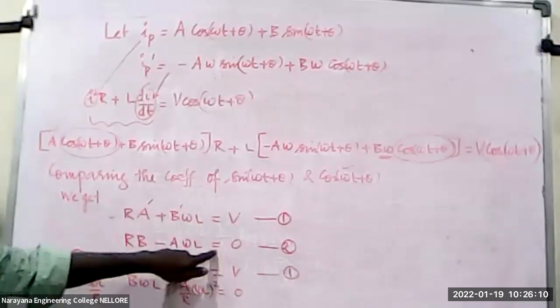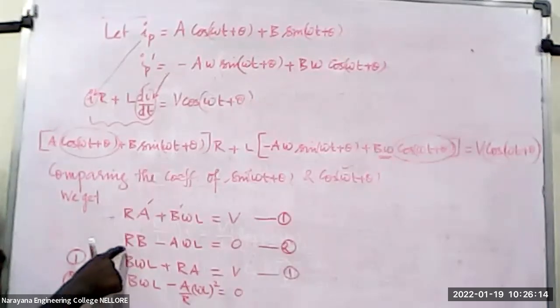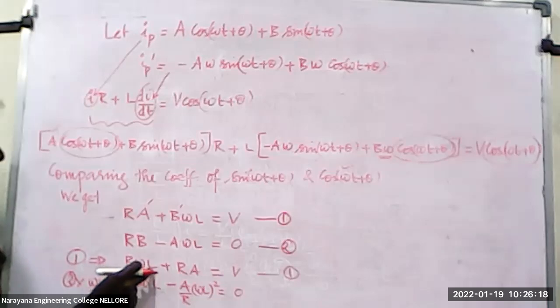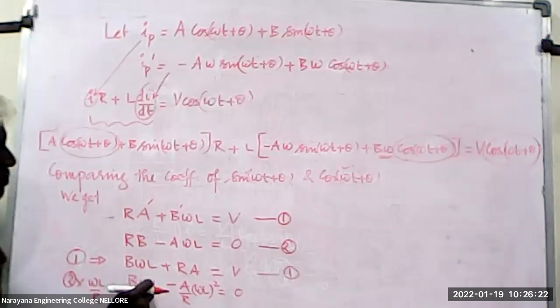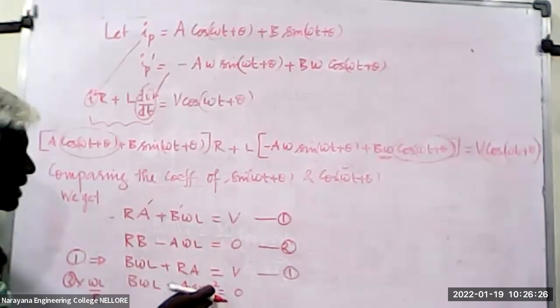What I want, omega L, I multiply. What I don't want, R, I divide, so that I get B omega L here, and then omega L is already there, so omega L square by R.